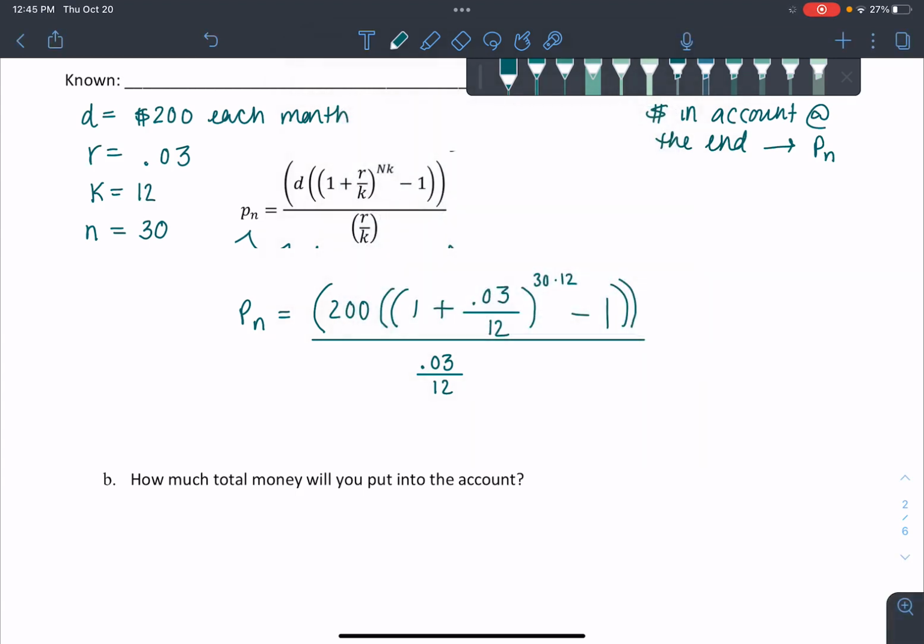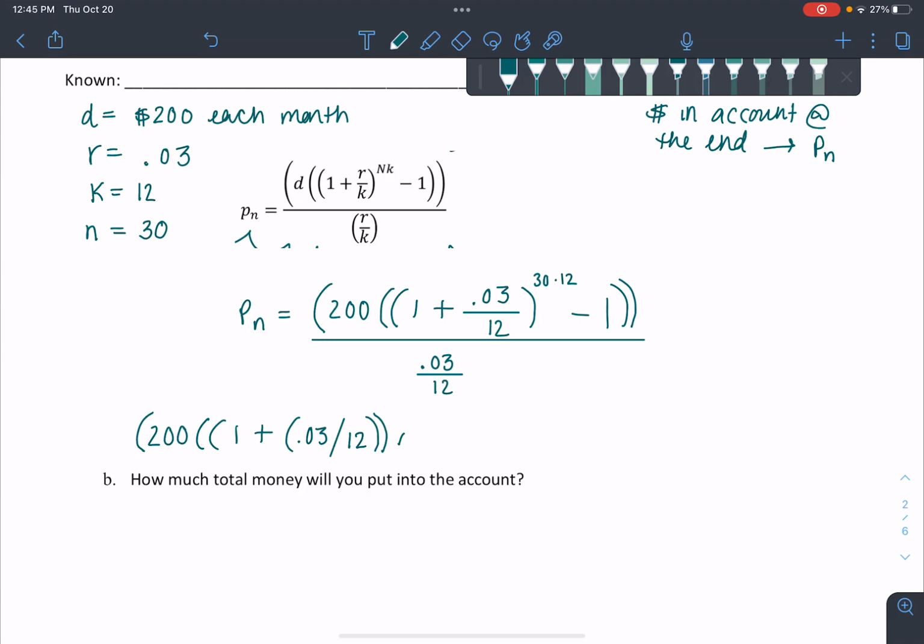So step 1, you are going to put the top part in just as you see the first bit. You're going to have a parenthesis, 200, parenthesis, 1 plus. Now, personally, I always put fractions in a parenthesis like this. So I would do 0.03 slash 12 and then close that parenthesis. And then you're going to have another parenthesis because you got to close out this bigger bubble that we just made, right?